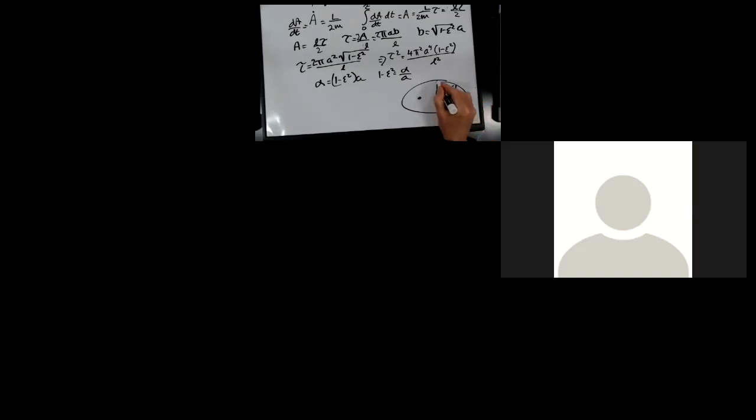Whereas if you go at the center, it's the square root of 1 minus epsilon squared times A, and that's B. Those are all in my videos. You can get to it by doing a little geometry on that ellipse in the textbook.